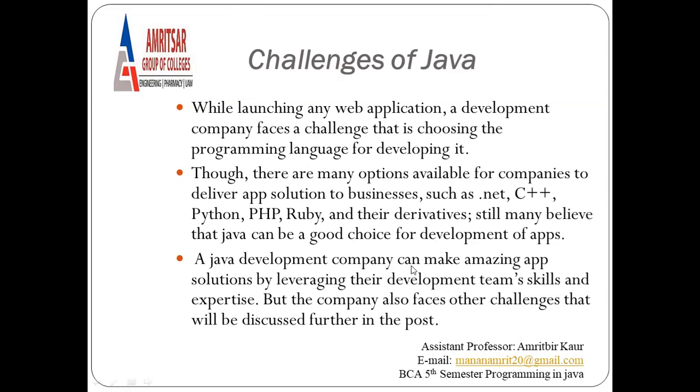A Java development company can make amazing app solutions by leveraging their development skills and expertise. But the company also faces other challenges that will be discussed further in the post. Except for choosing a programming language, there can be a number of challenges about which we will study.